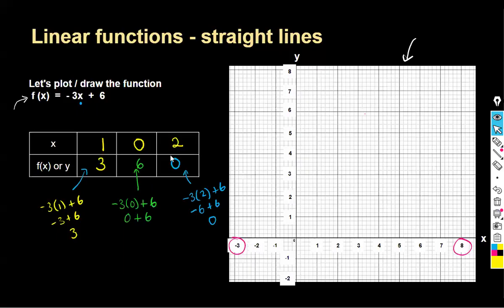Now, before I even draw this graph, let's do some predictions. Will this graph slope upwards or will it slope downwards? From just looking at the equation, f(x) is -3x plus 6. Before I even plot those points, will it slope upwards or will it slope downwards? Right, people are getting it correct.